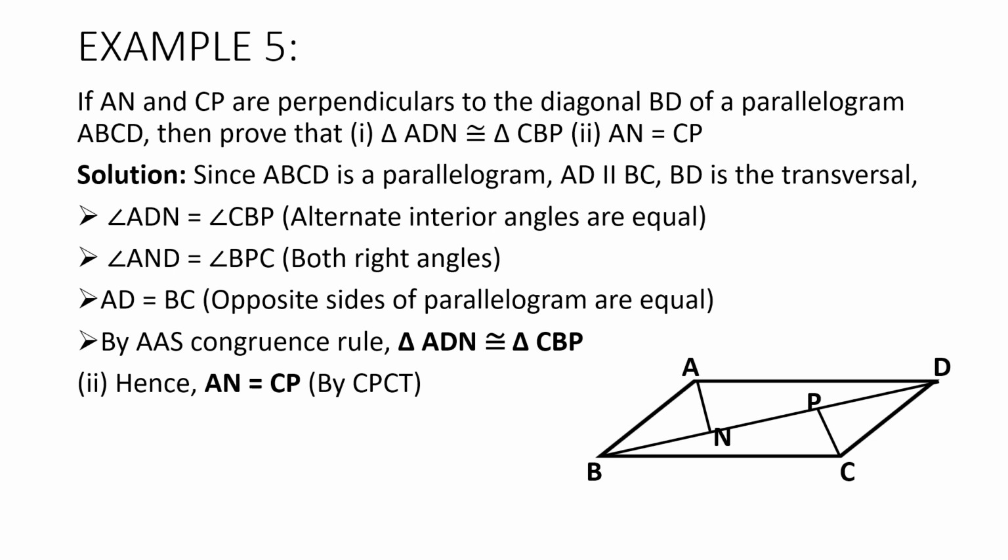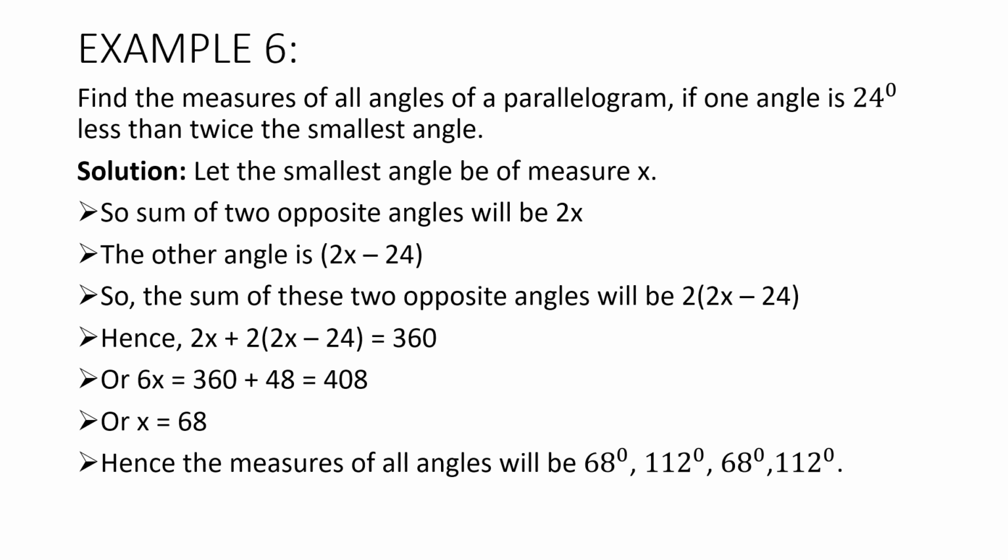Also AD is equal to BC, opposite sides of a parallelogram. So by the AAS congruence rule, triangle ADN and triangle CBP will be congruent. Now by CPCT, AN will be equal to CP. Hence, we have shown that both the triangles are congruent and AN is equal to CP. The perpendiculars are equal.